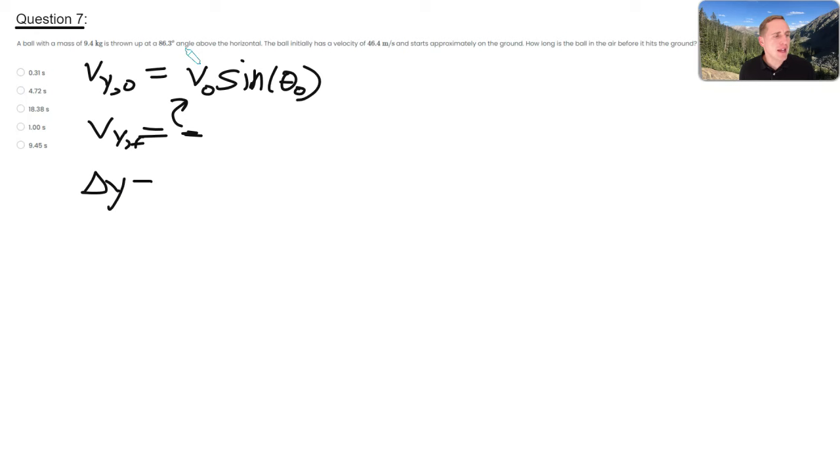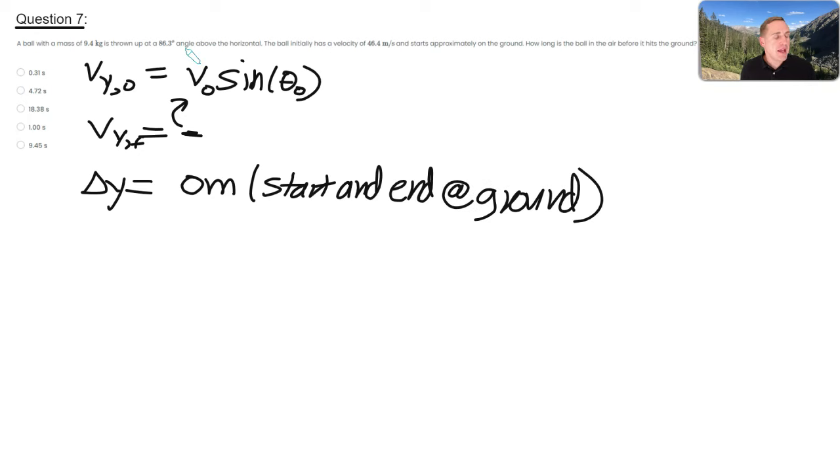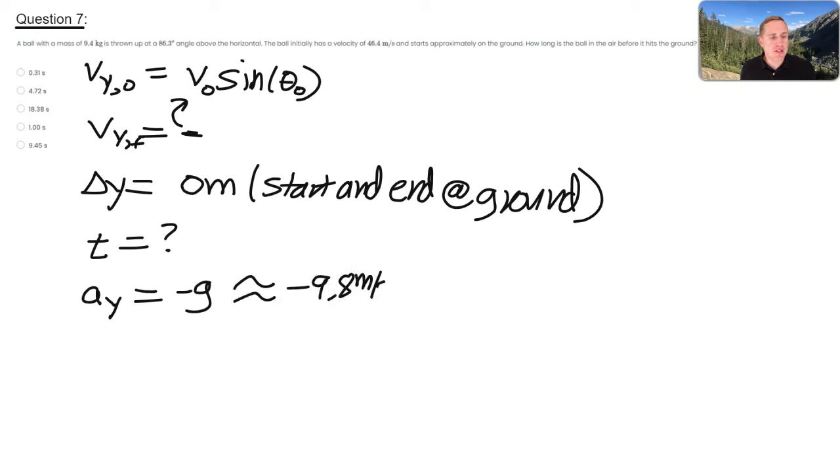Delta y, that's the total y displacement, should be 0 meters because we start and end at the ground. Okay, so then the time is what we're looking for, so we'll put a question mark there, and the acceleration in the y direction should be negative g, or at least it's approximately negative 9.8 meters per second squared near the Earth's surface.